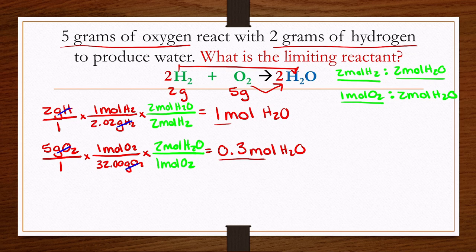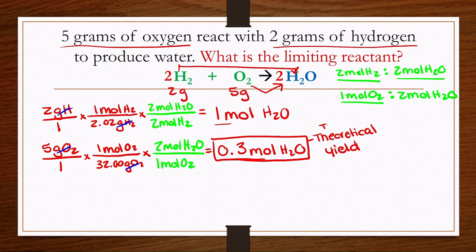All right, so 5 grams of oxygen will produce 0.3 moles of water. So this right here is going to be my actual theoretical yield. And you can just say it's the true theoretical yield for this reaction between 2 grams of hydrogen and 5 grams of oxygen. And what this also means is that oxygen here is my limiting reactant.